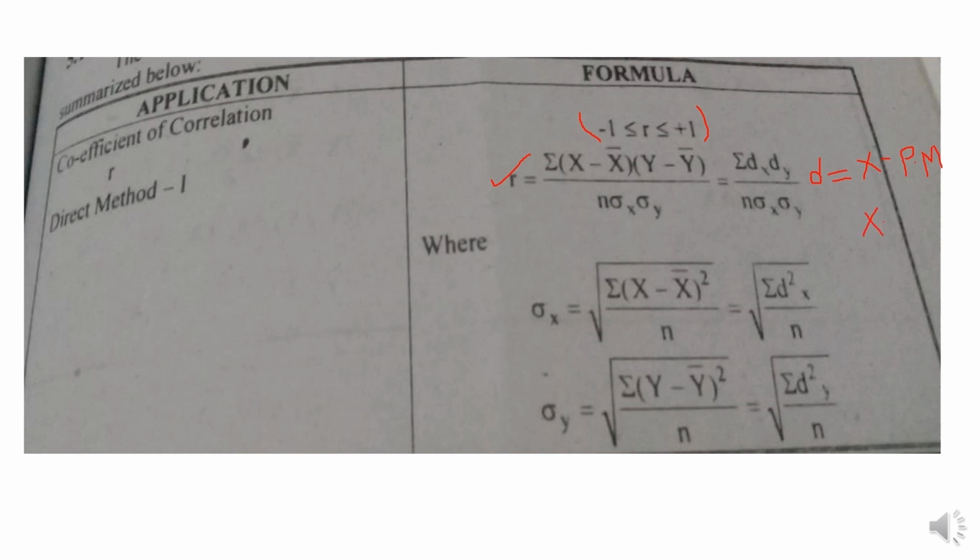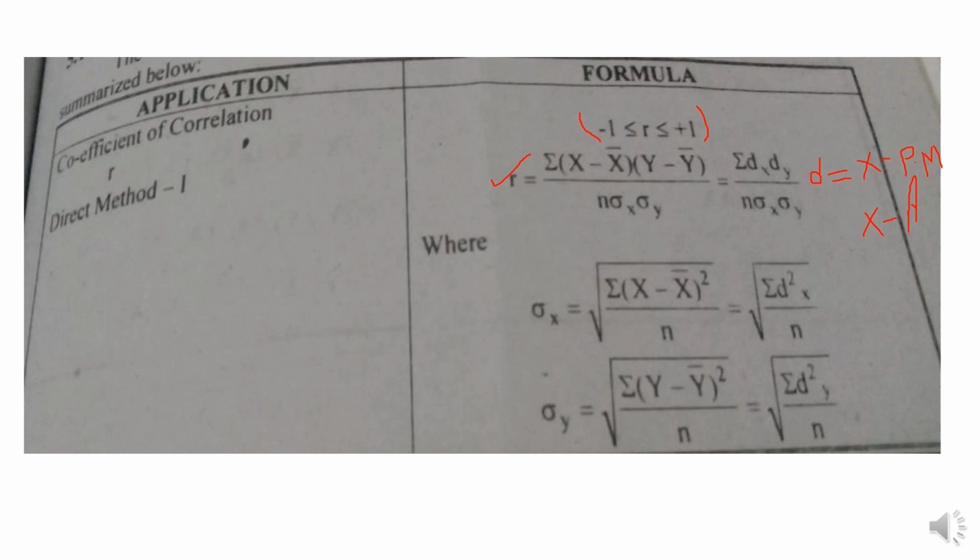And we already know that a represents the provisional mean. So this is the basic formula for how we find the d value.